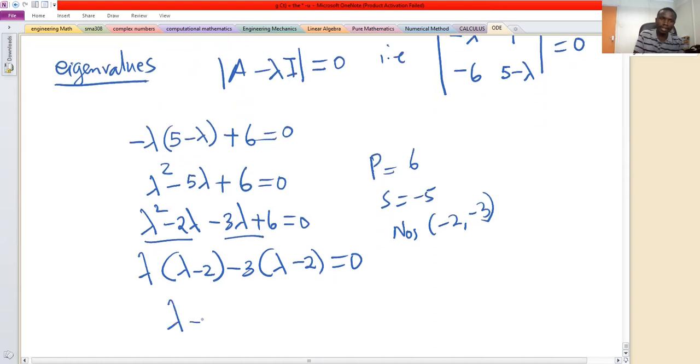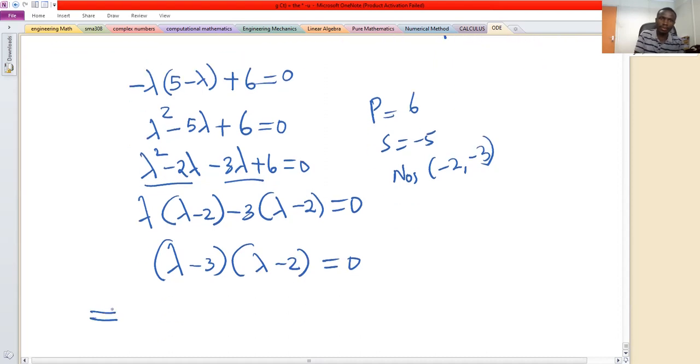So lambda minus 3 into lambda minus 2 is 0. And solving this gives you lambda 1 is 3 and lambda 2 is 2. So we have the eigenvalues of the matrix A.